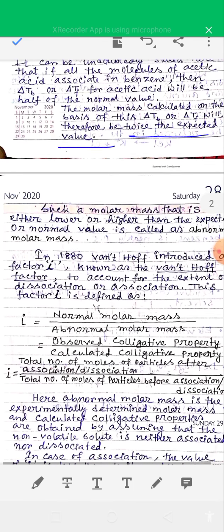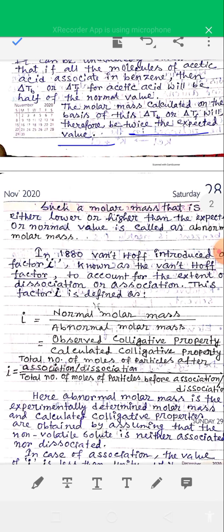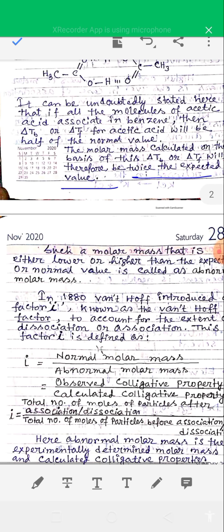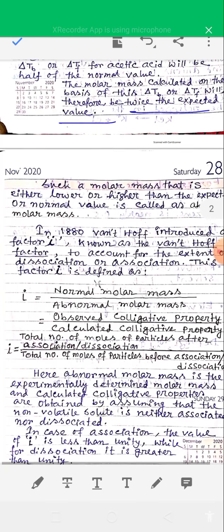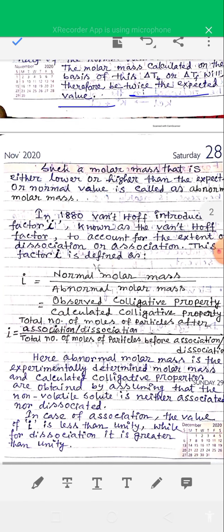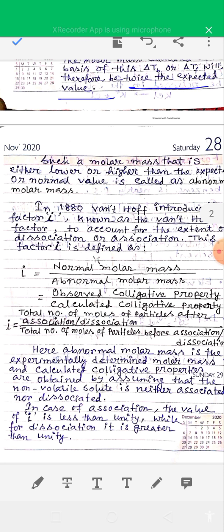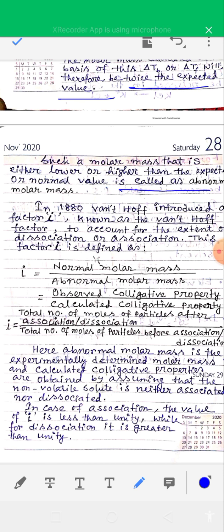Such a molar mass that is either lower or higher than the expected or normal value is known as abnormal molar mass. Abnormal molar mass of a solute is found only when the solute is associative or dissociative in nature.